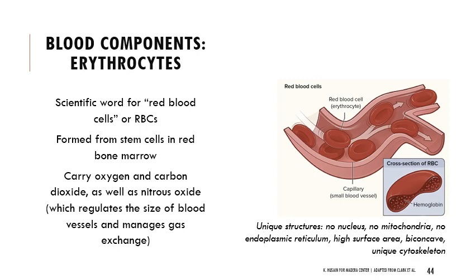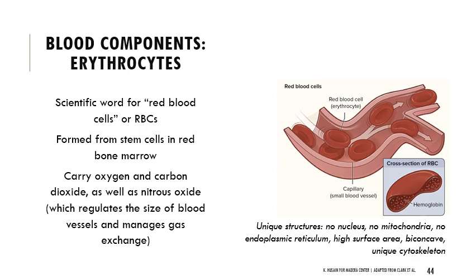So there's some unique stuff about red blood cells. They don't have a lot of cellular components that we usually think about, like a nucleus or mitochondria, so they can't make their own ATP through certain processes. They don't have an endoplasmic reticulum, so they can't synthesize proteins. A lot of the typical cell stuff that we think about, they really can't do.